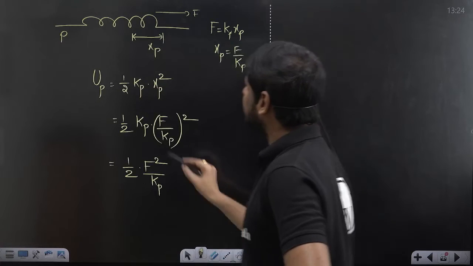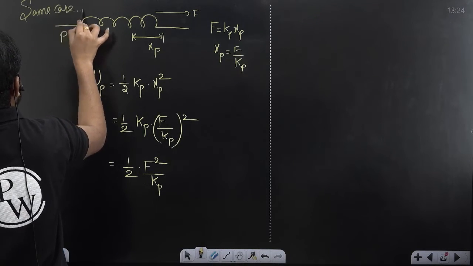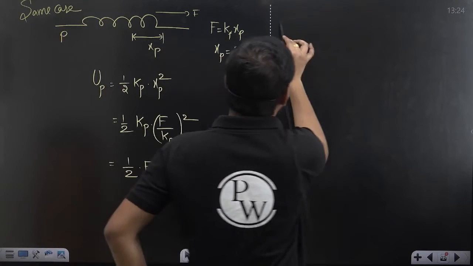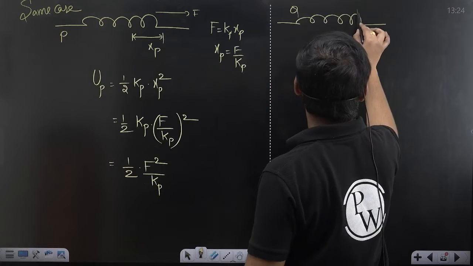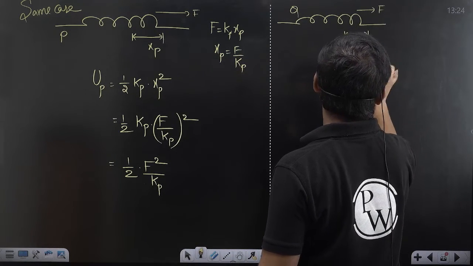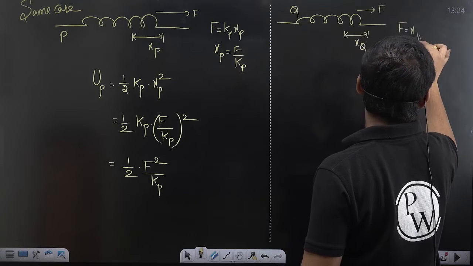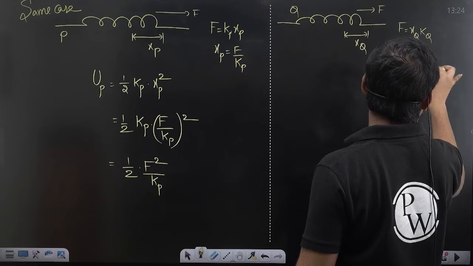Same previous type of question, now I take spring Q, where the applied force is the same force F. Let the displacement be xq. The force is equal to xq into Kq, so the displacement xq is equal to F by Kq.